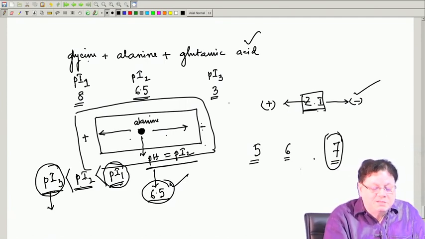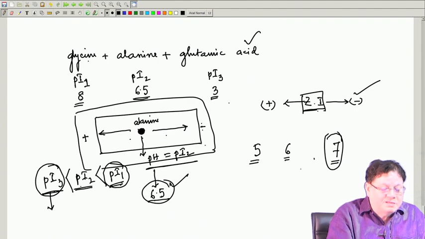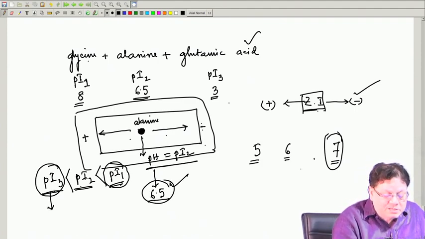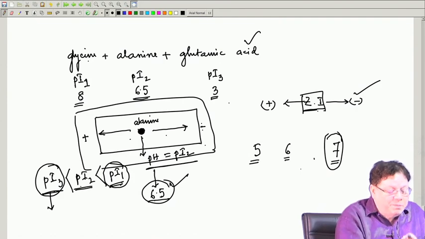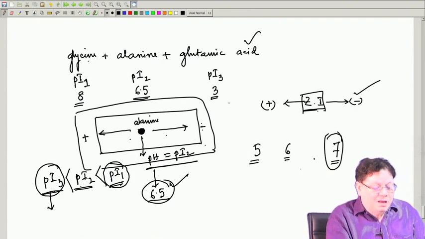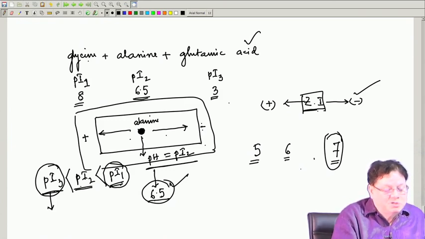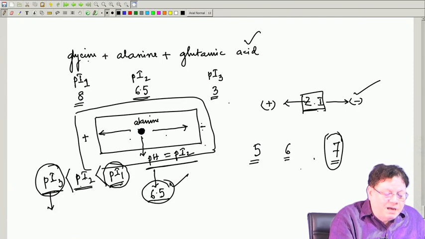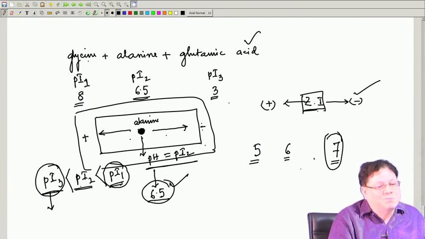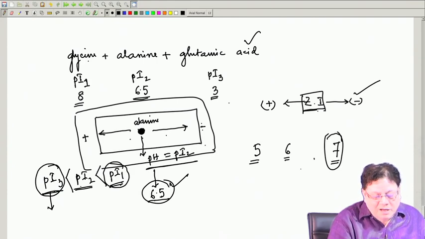The pH that is maintained here is 6.5, and the isoelectric point of glycine is 8. So, if the pH is less, then it will be present as a positively charged species, because it has not crossed the isoelectric point 8. And if the pH is greater than the isoelectric point, then the species will be present in the ionized, anionic form.